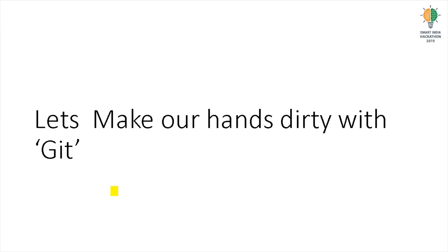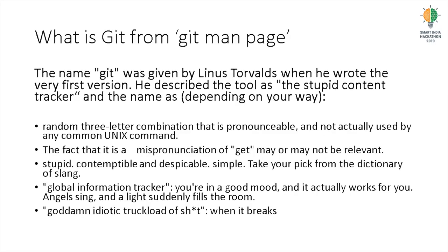So let's start with, everybody has heard of Git, but why the name Git? What does it mean? This is what the Git man page says about the name Git. The name Git was given by Linus Torvalds when he wrote the first version of this version control system.